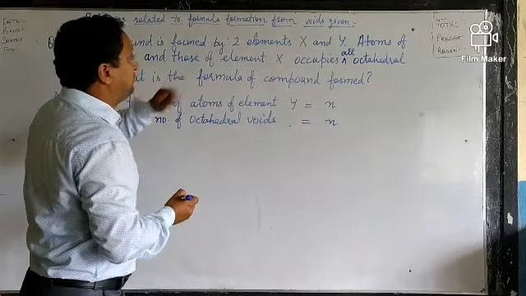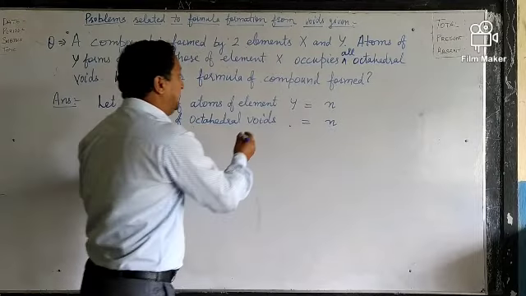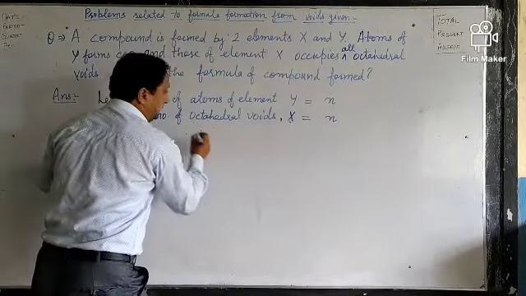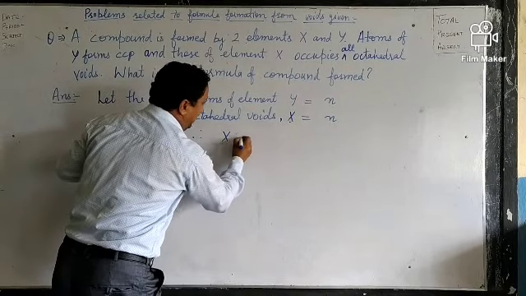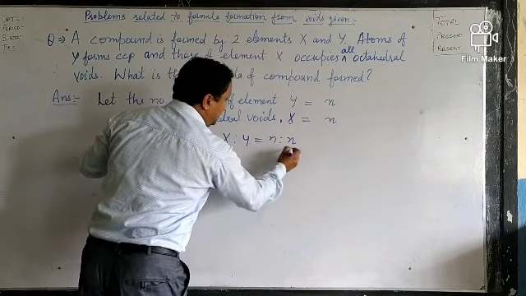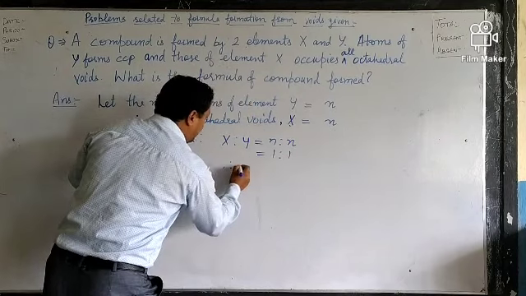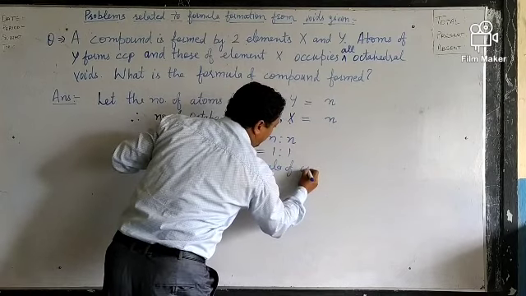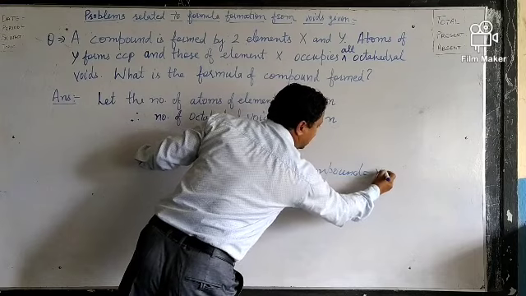And according to the question, all these octahedral voids are occupied by X. So the ratio X to Y is equal to n to n, or 1 to 1. Therefore, the formula of the compound will be XY.